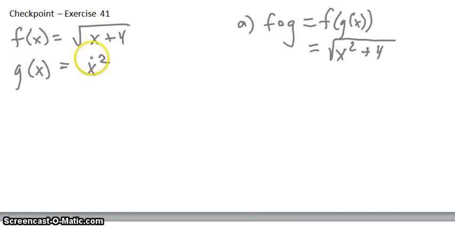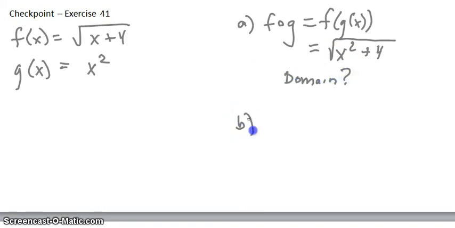And this is my composition function. Now, there's nothing that I can cancel out here. Unlike the one that we did before when we did some compositions and we canceled them out, this is all that we have. So this is my composition for this one. And we're going to talk about the domain in just a second.